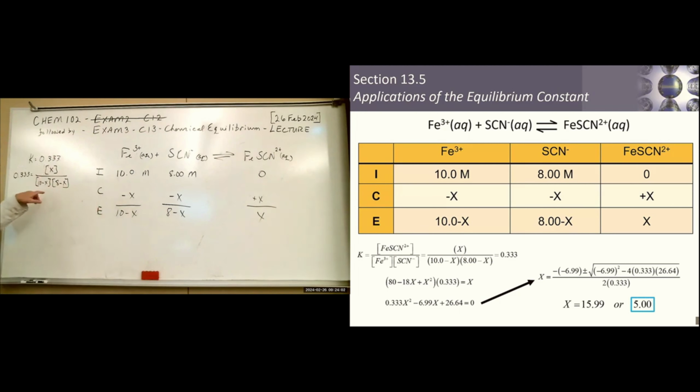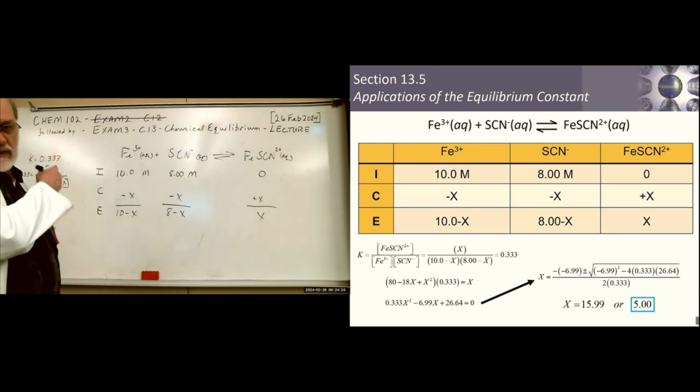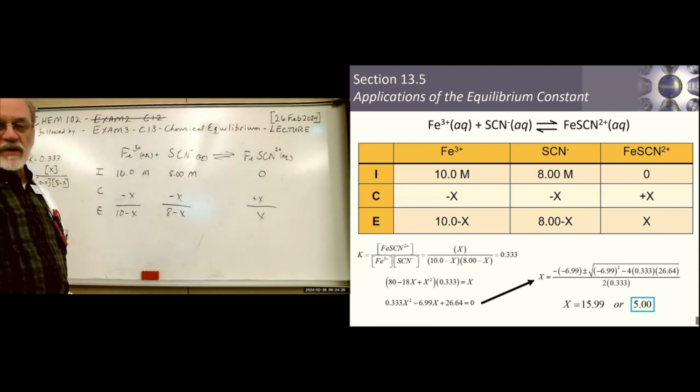And if X is very small, then we can say it's a lot smaller than 10, a lot smaller than 8. We can just throw it out, make these 10 and 8 there, and then solve for the other X. But we can't do that here because this value is too big. So we have to solve for X, rather than going through the whole rigmarole up here.